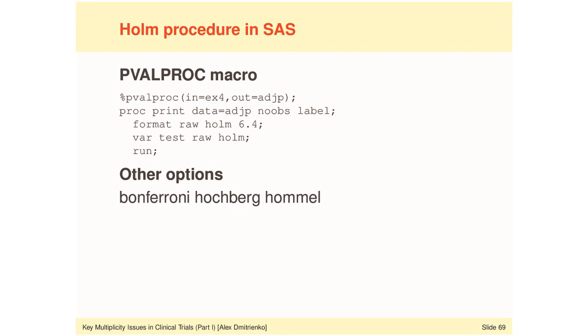To summarize, the main advantage of using this macro compared to PROC MULTTEST in SAS is that this macro supports multiplicity adjustments in general settings with potentially unequally weighted null hypotheses. We will see how it can be accomplished on the next slide.